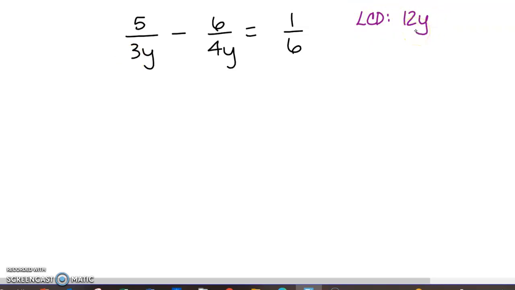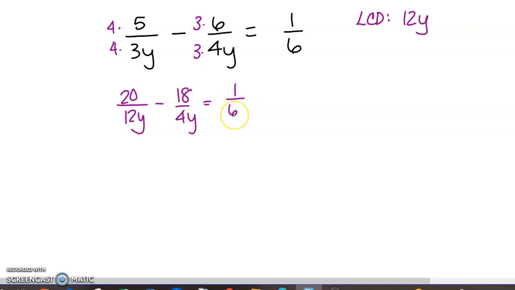So you could multiply the numerator and the denominator by 4 here to get 20 over 12y. And you could multiply this by 3, the numerator and the denominator both by 3, to get minus 18 over 12y. And now technically you don't need to change that 1 over 6 either. Oops, that's not 4, that should be 12.